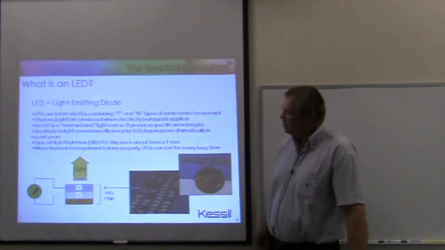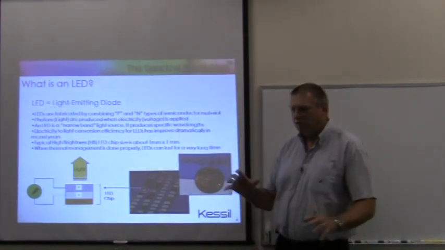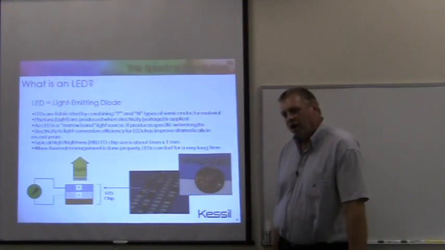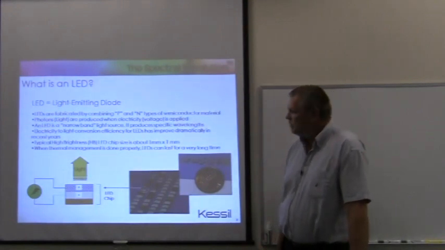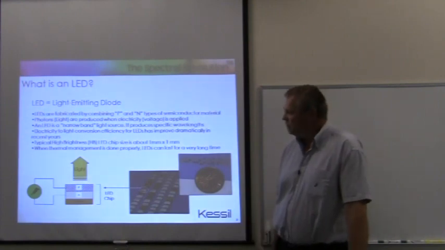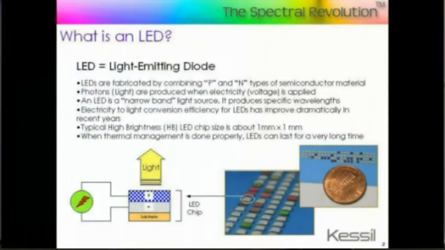So now you see a lot of people talking about high brightness LEDs as opposed to sort of normal lower output LEDs. A typical high brightness LED chip will be about 1 millimeter on a side as a bare chip. And in the photograph at the bottom, you see a number of LED chips of various colors compared in size to a penny.